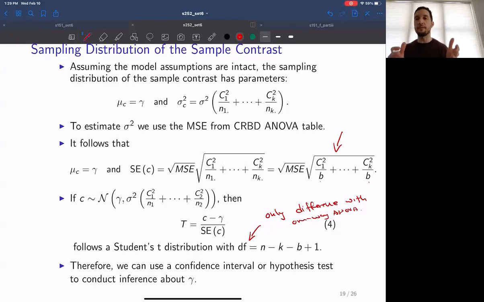So you only have to compute the margin of error once when you're running a multiple comparison out of a CRBD. So in that sense, it's actually easier from a having to run the computation by hand point of view. Okay. Any questions?